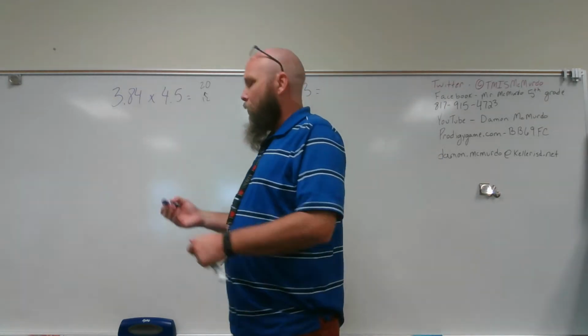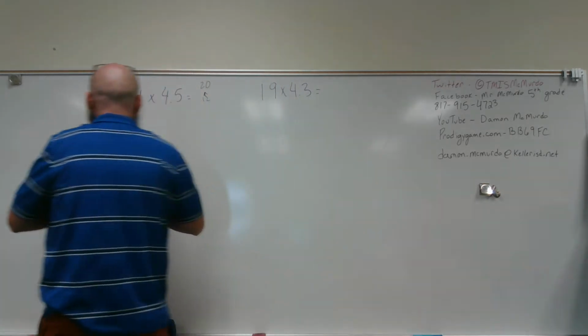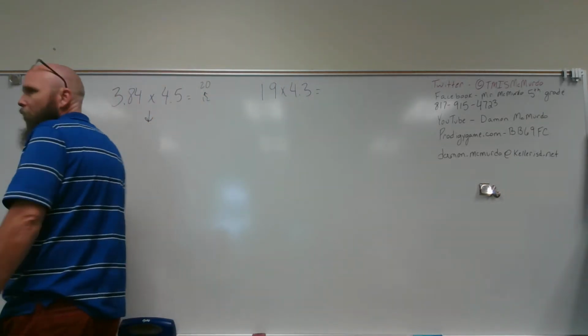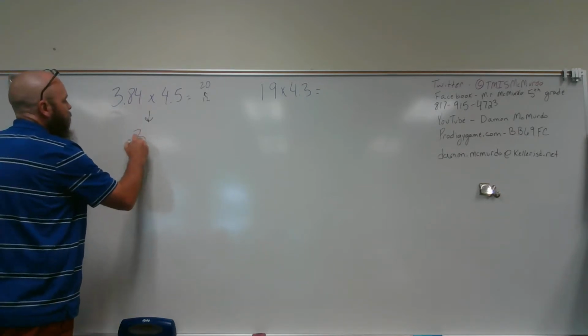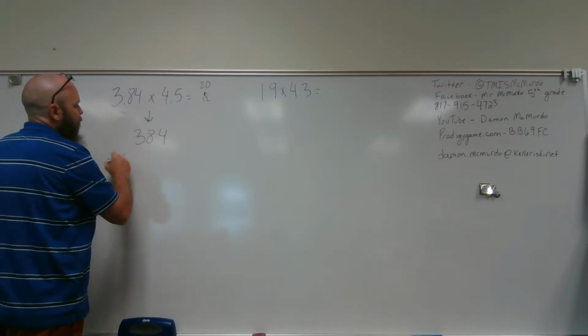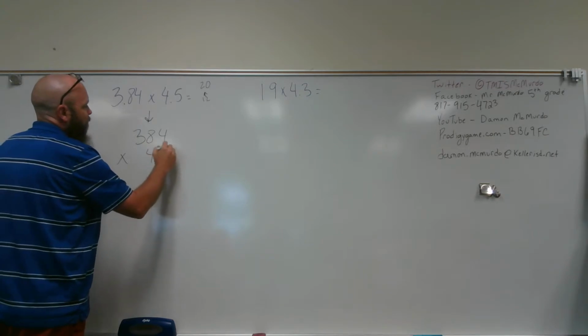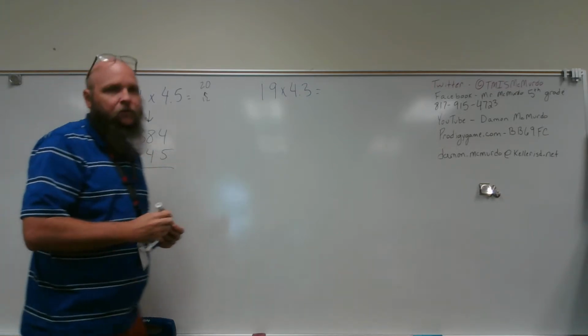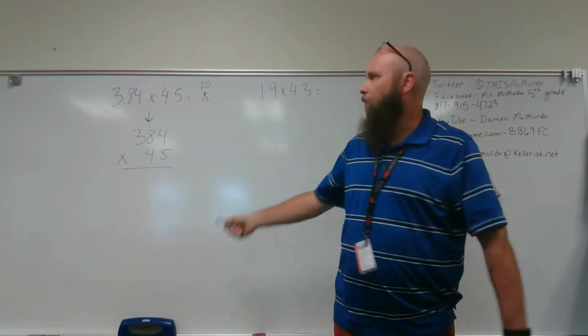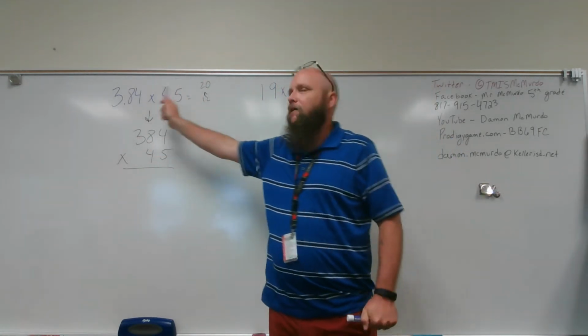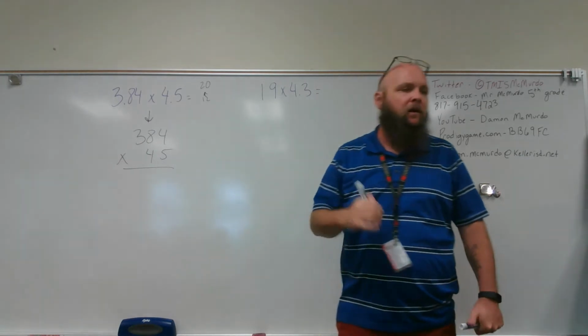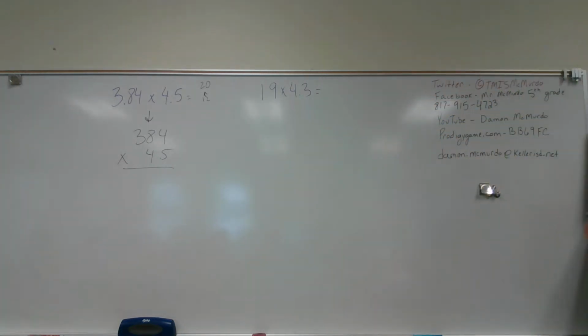All right, so we'll rewrite it. Ignoring the decimal points, we have 384 multiplied by 45. As I walked around, I saw people leaving the decimal points here. And some of those same people that left the decimal points in this part of the problem aren't paying attention now.